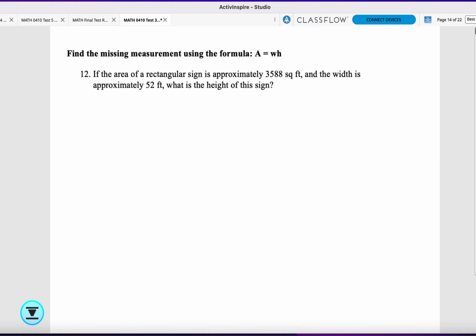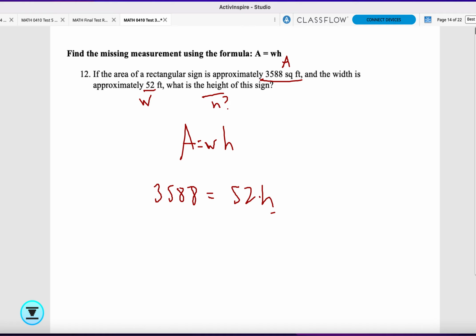Number 12. Find the missing measurement using the formula A equals W times height. So the area of a rectangle is approximately this. So we have area equals WH. Well, area is approximately this, so this is capital A. And the width is approximately 52, so it's W. We want to find H. So then we get 3588 equals 52 times height. Well, to get height by itself, since we're multiplying 52, we're going to divide by 52.